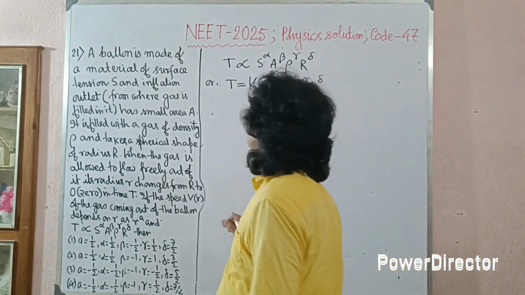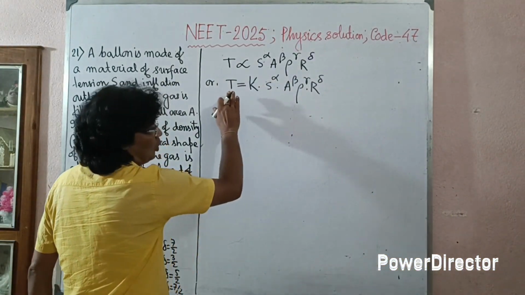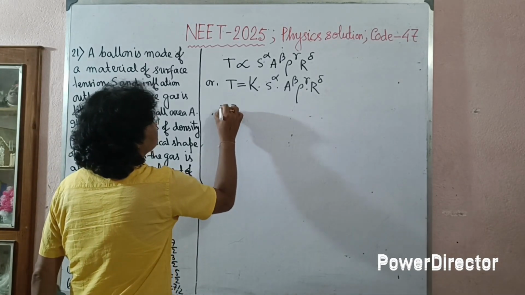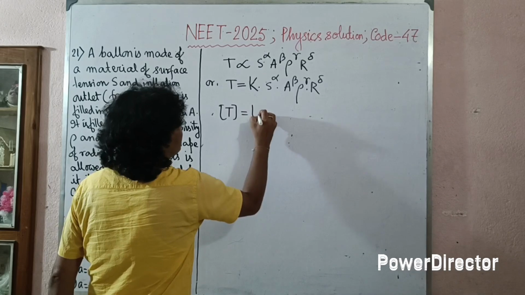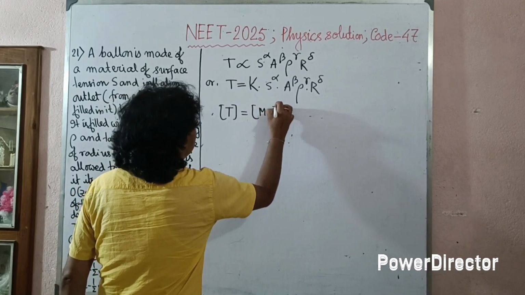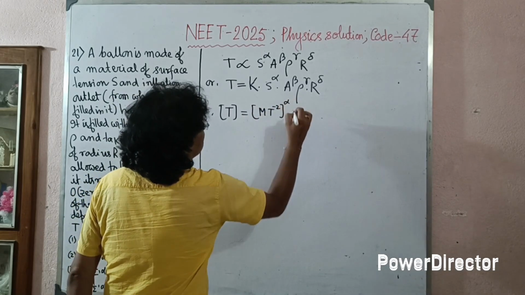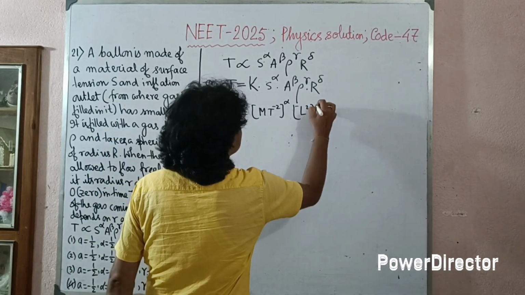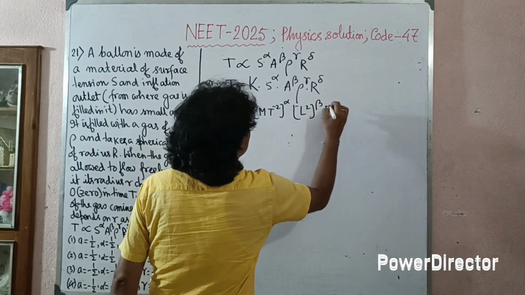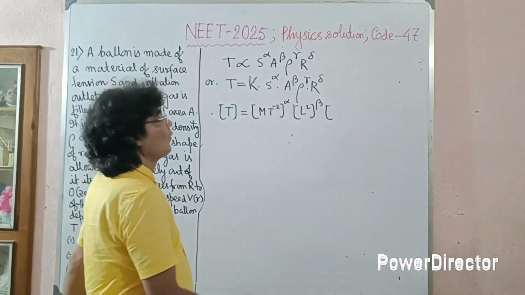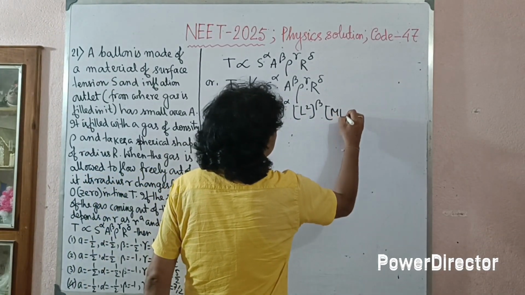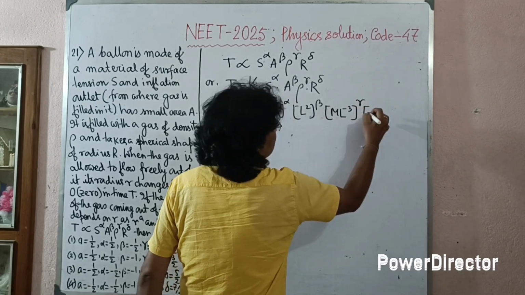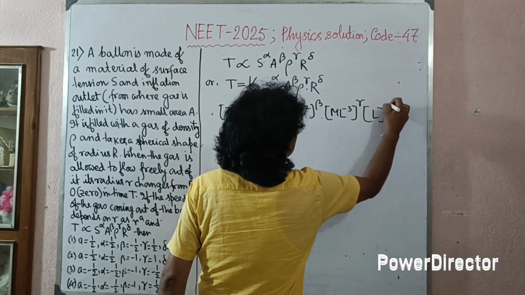So first look, dimension formula of time is capital T. Surface tension is MT to the power minus 2, to the power alpha. Area is L square to the power beta. Rho, density, is M L to the power minus 3, to the power gamma. Radius is L to the power delta.